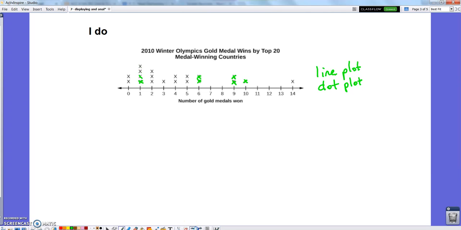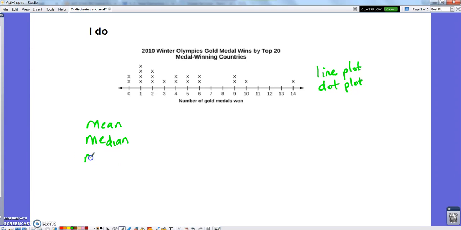So, as boring as these are to learn about in like 2nd, 3rd, 4th, and 5th grade, they're actually really helpful in statistics, because check it out. If I want to calculate our good old measures of central tendency, mean, median, and mode, and our measure of variation, or measure of spread, called range, it's actually pretty easy to do with this, because check it out.